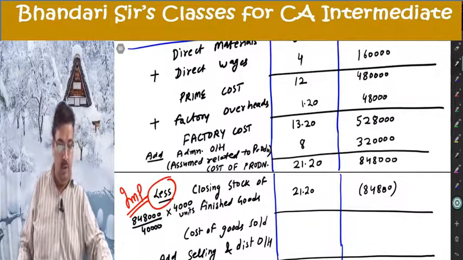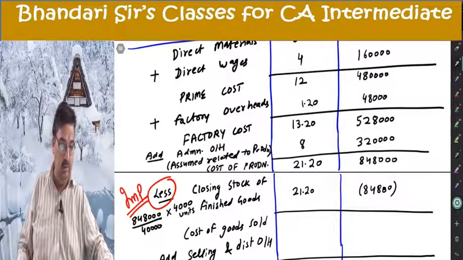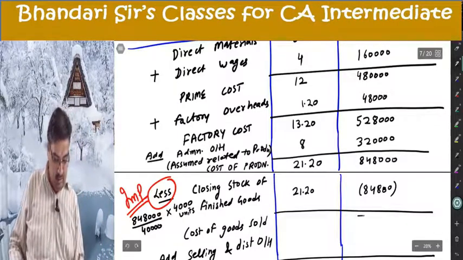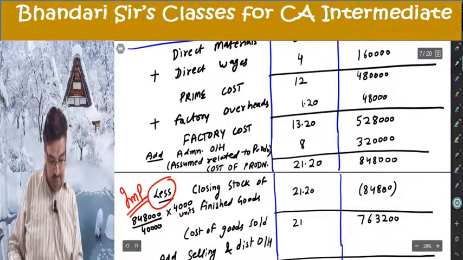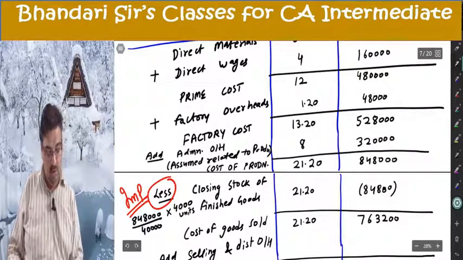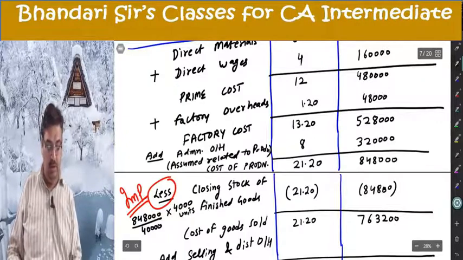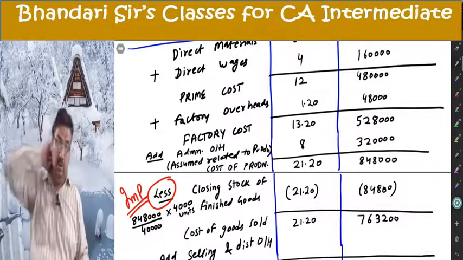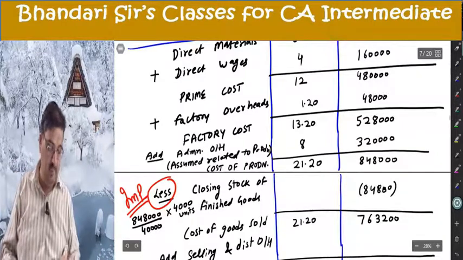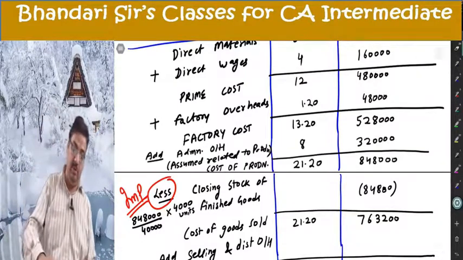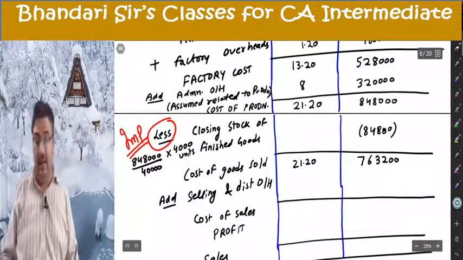So once you deduct from 8,48,000, I am getting 7,63,200. This is for closing stock, but it is not to be reduced in per unit, that all costs will be reduced, not like that. So you can even omit this so that it remains 21.20. Add selling and distribution overheads.